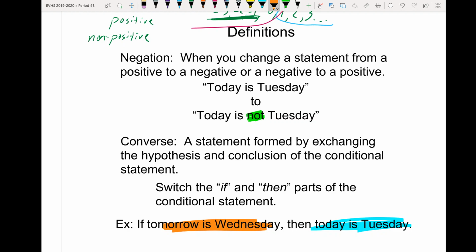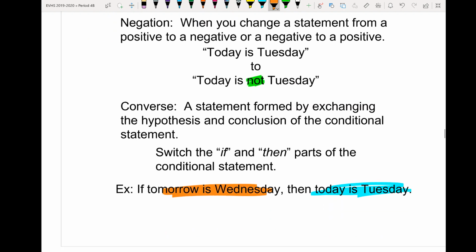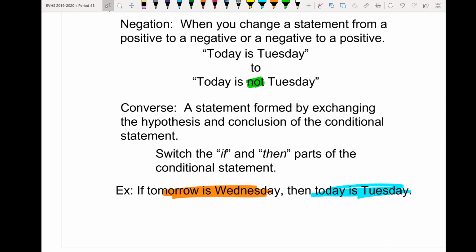We just switched our if and then. Swap or exchange the hypothesis and the conclusion. And no, converse is not a shoe with a star on it in math class. All right, we okay with that? Just swap them. Easy enough.